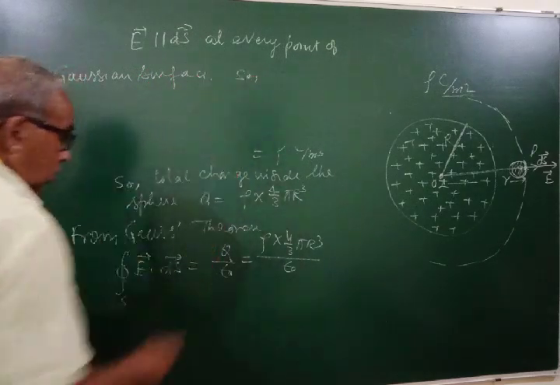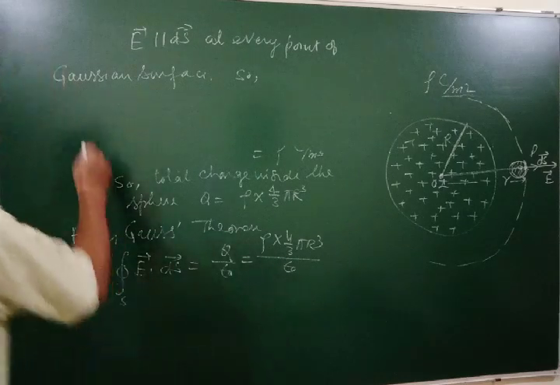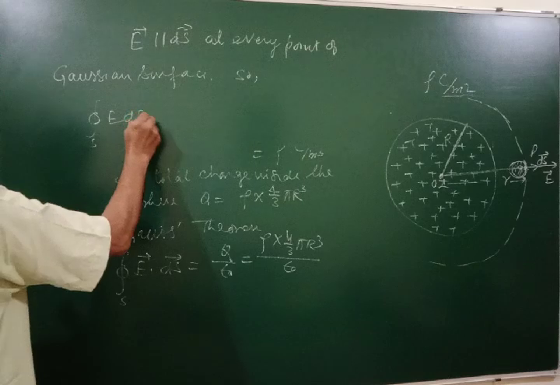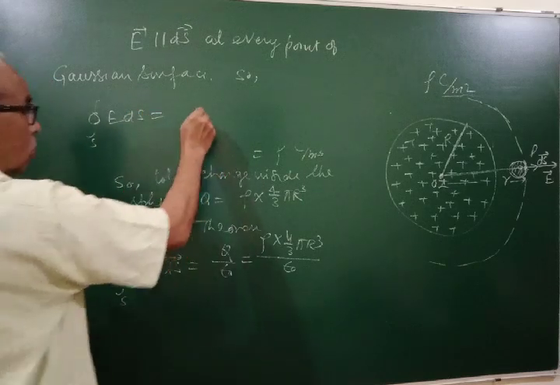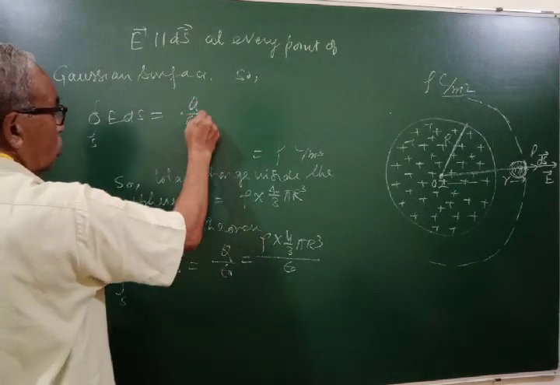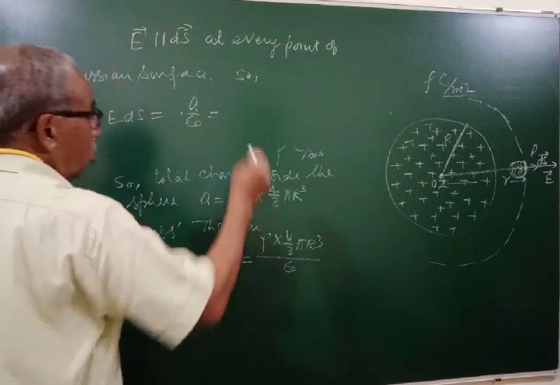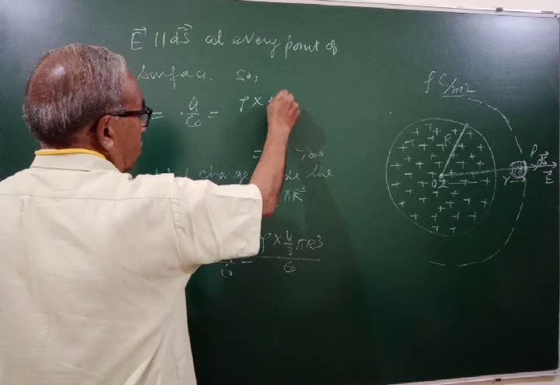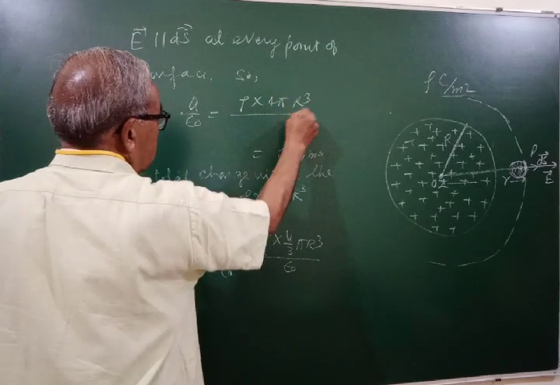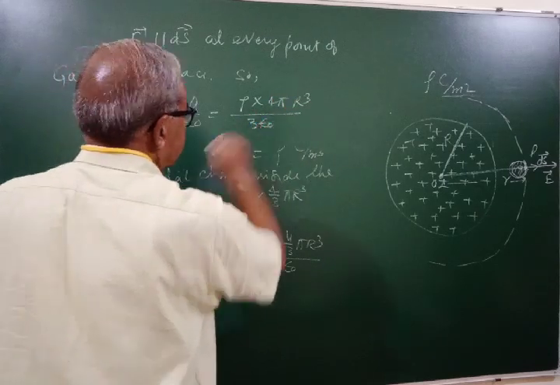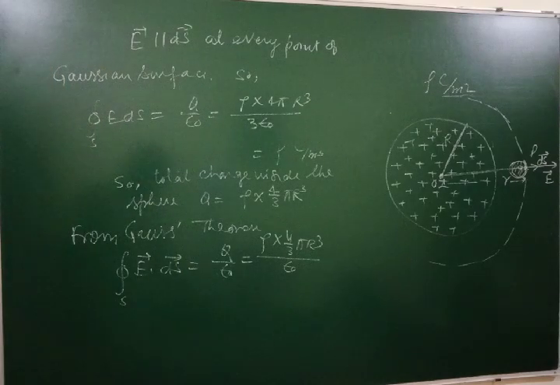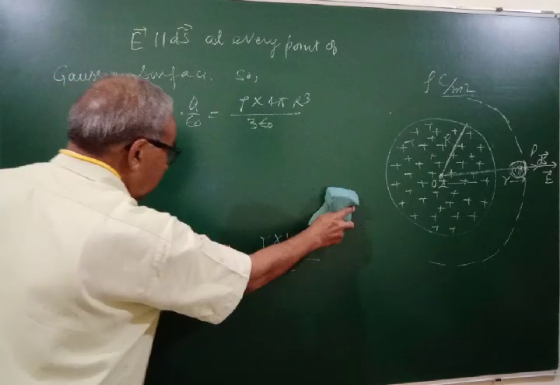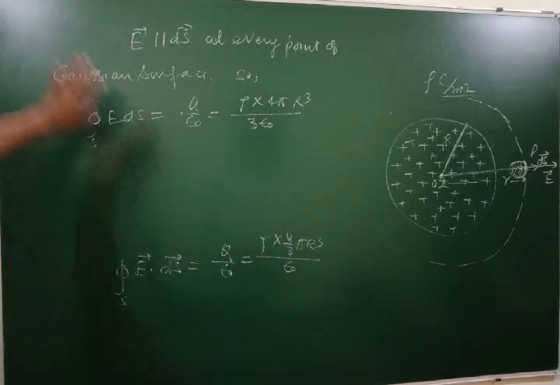So we can write the integration as E ds cos 0 is equal to Q upon epsilon 0, equal to rho into 4 pi R cube upon 3 epsilon 0. At every point of the Gaussian surface, the magnitude of the electric field remains the same.